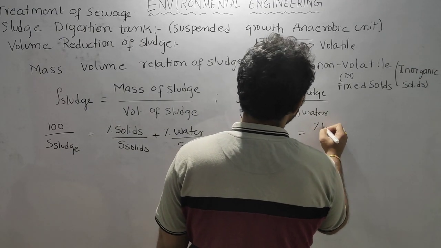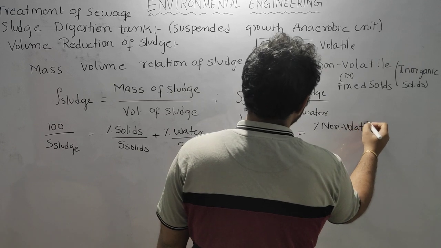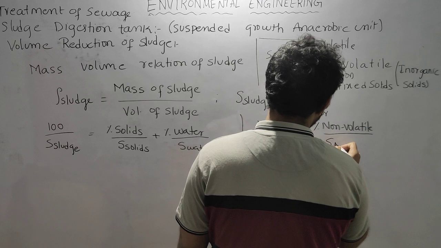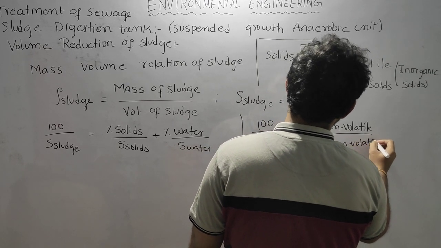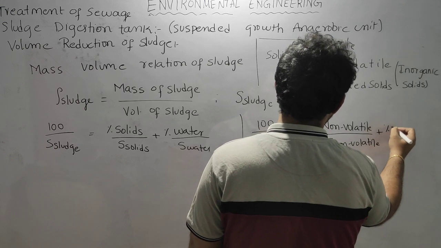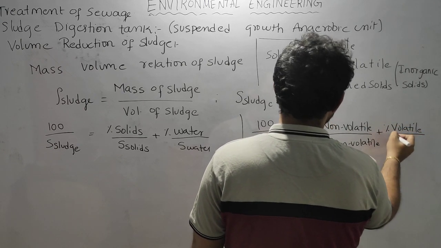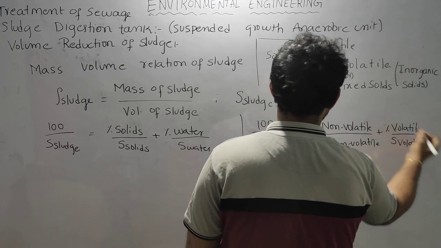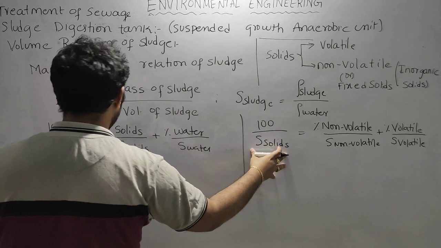So percentage of non-volatile by specific gravity of non-volatile plus percentage of volatile by specific gravity of volatile solids. By this way we can find the specific gravity of the solids.